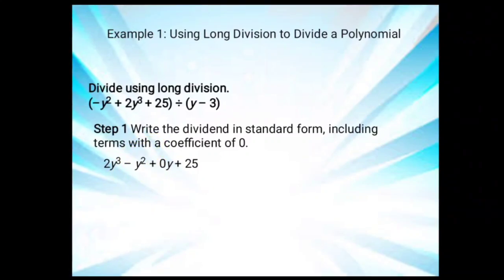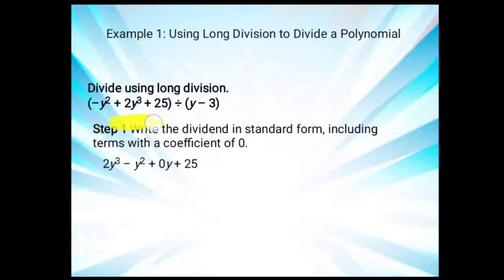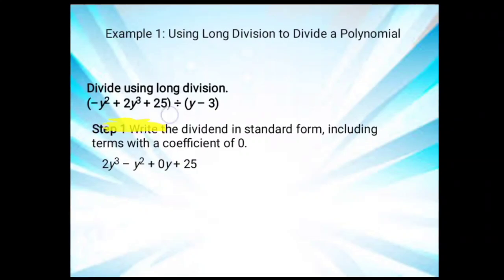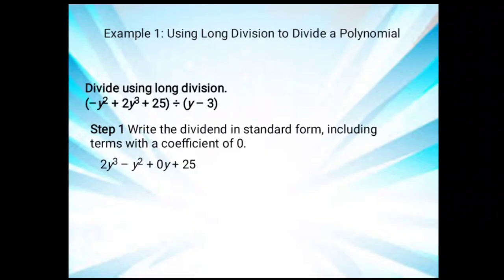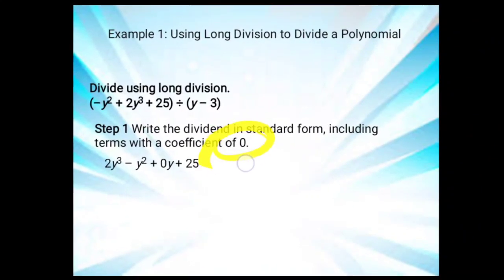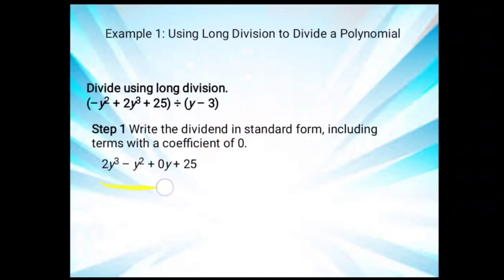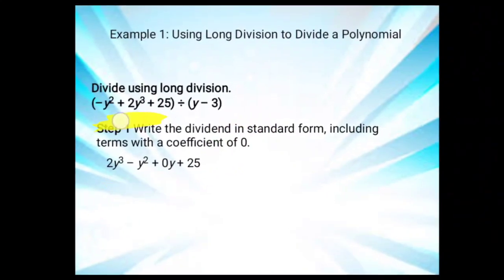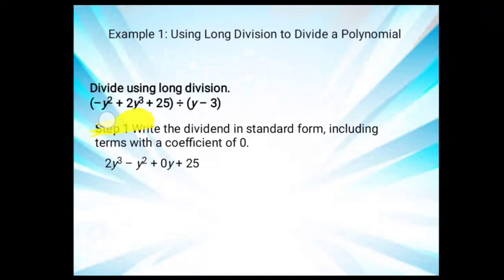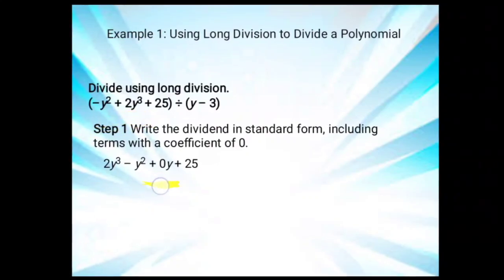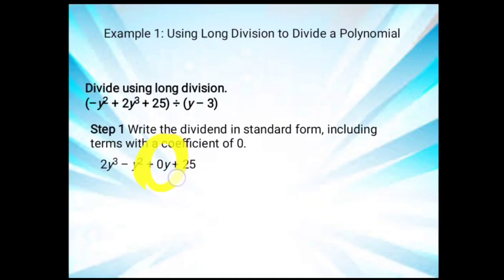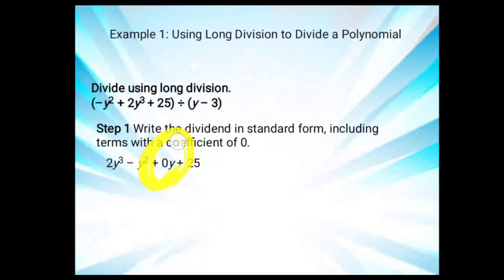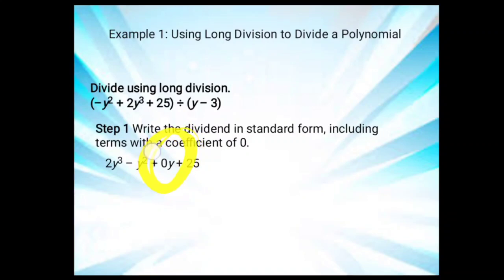Then as you can see on our given, we don't have a term wherein the exponent is 1. That's why, to make it possible, you have to put 0 as the coefficient of the variable, which here is y. In that case, we will put 0y as our third term to represent the term wherein the exponent is 1.